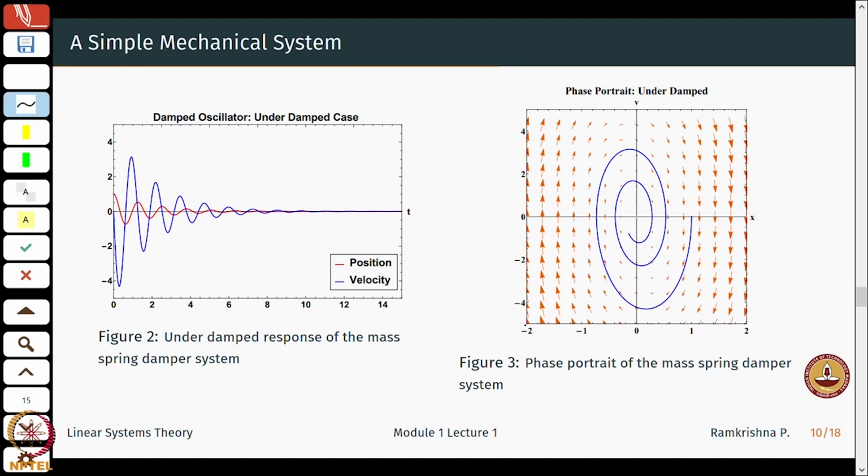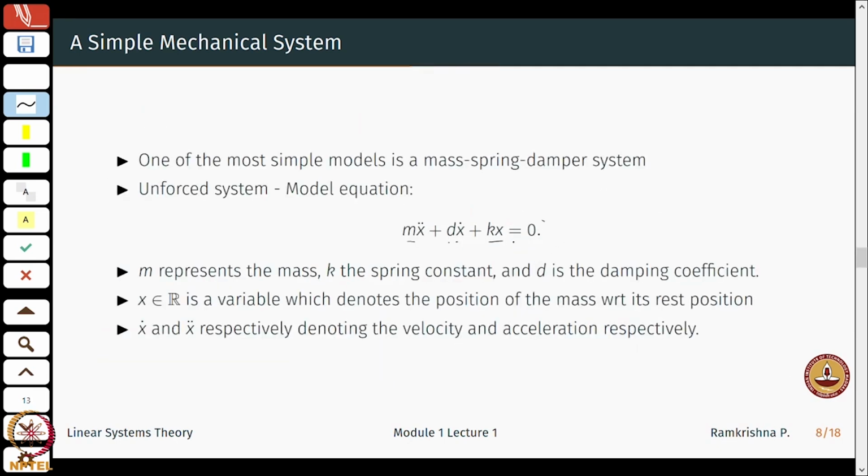What does this system tell me? If I subject the system to a certain initial condition, I can see that the system will eventually go to rest, because there is no external force acting on the system, and also because there is damping in the system. Physically, any initial condition would mean that you start with a certain kinetic energy and potential energy, the energy will dissipate and eventually you will reach a state of zero energy.